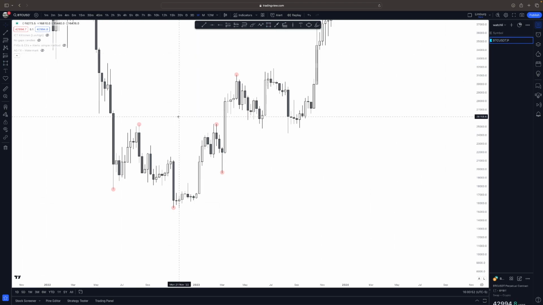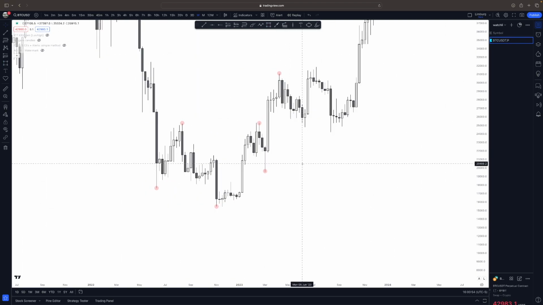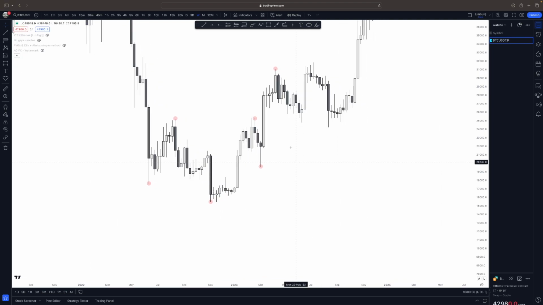I'm going to show you how I create these demand zones. And it's actually by the last point of the low, this large dark candle. Most of the time the lowest point of the low, we take that as our demand zone.